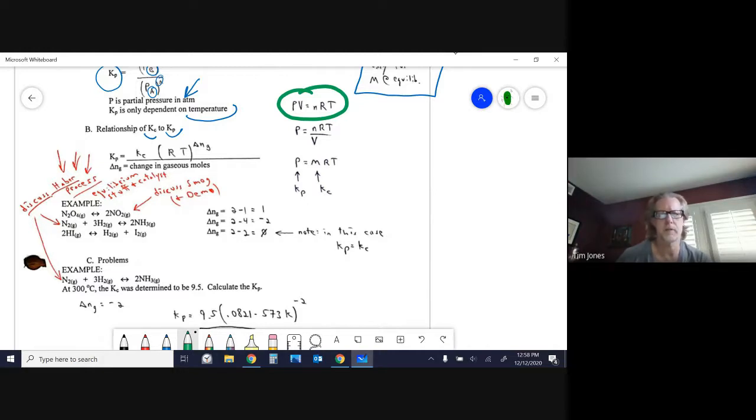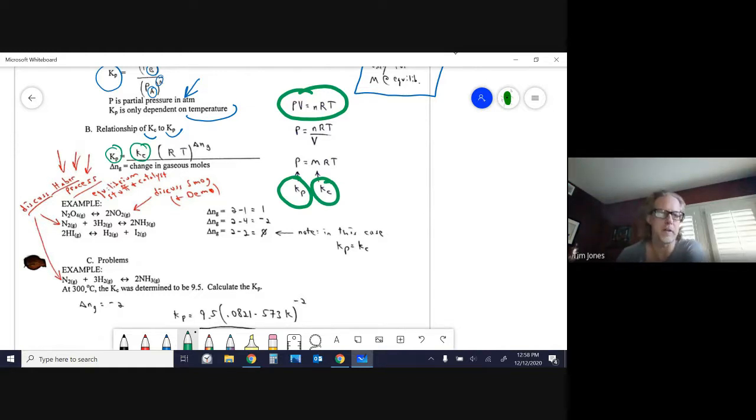And then notice we can replace P with Kp, and we can replace the moles over V with Kc because that's molarity, especially if R has liters for its volume. And we now get this situation here: Kp equals Kc times RT raised to the delta Ng.